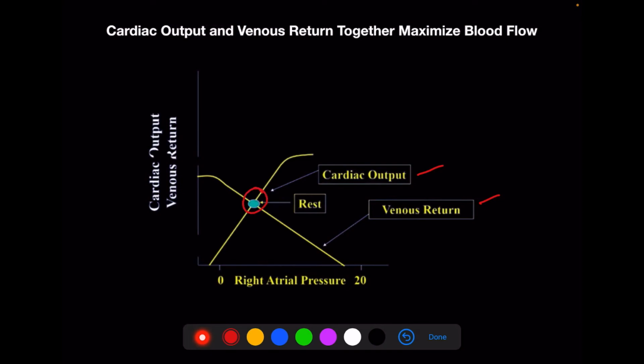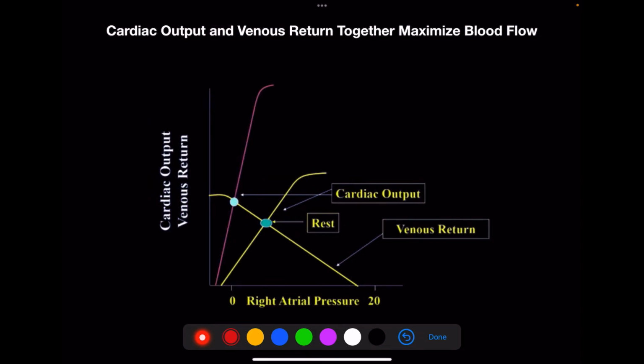Now what happens is, once I give dobutamine, my contractility improves. The increase in contractility will increase my cardiac output. So my cardiac output has increased and my CVP has gone down. However, the actual cardiac output increase seen with dobutamine is much higher.